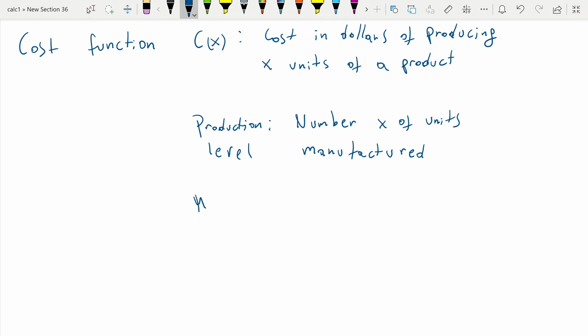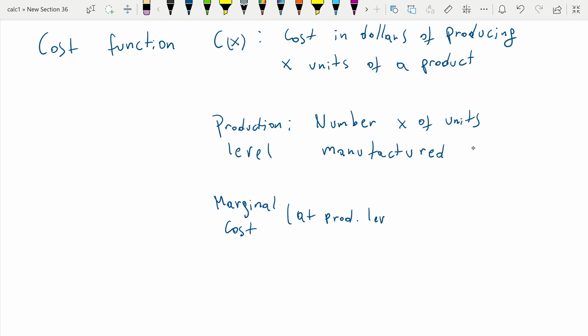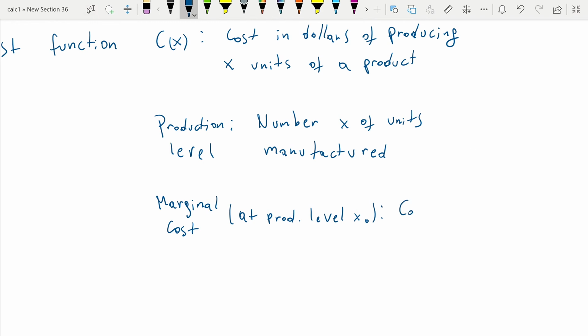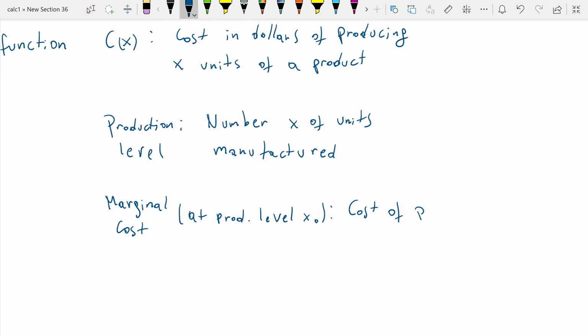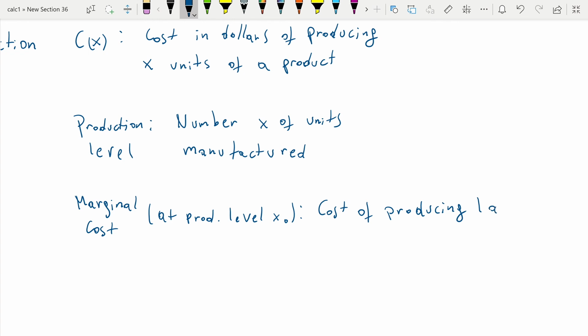So now the very important concept of marginal cost, and this is of course at production level x naught, is the cost of producing one additional unit at this production level.